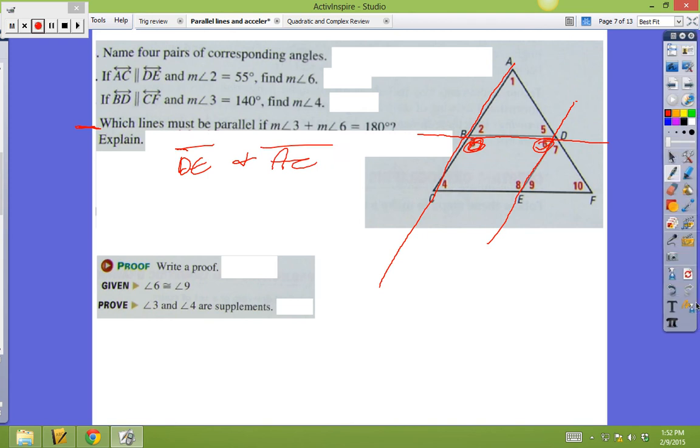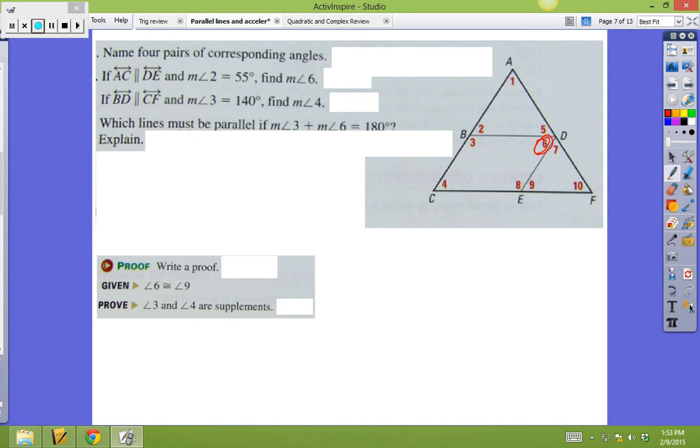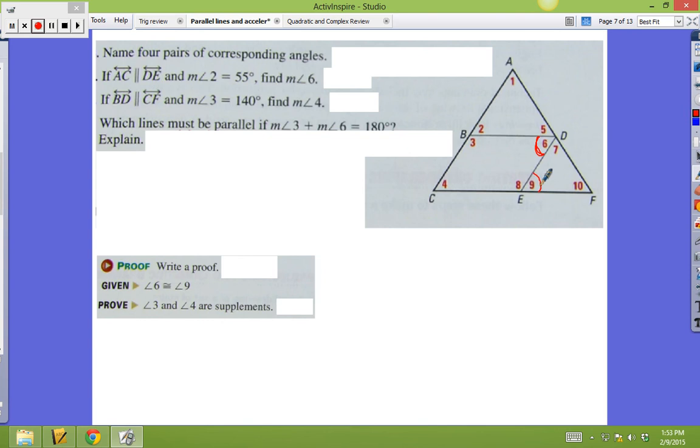Okay, now let's compose a proof, and I'm going to use the same picture. So angle 6 and angle 9 are congruent, so I'm going to use congruence marks. This angle is congruent to this angle. That's what we're given. And then you want to show, so I must show the angle 3 plus angle 4 equals 180.